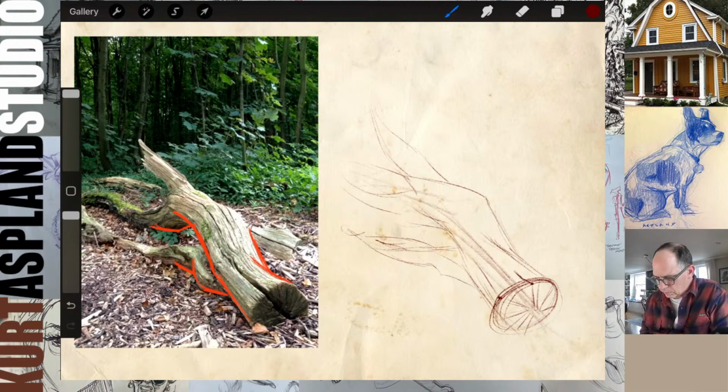Now I like to use, now you can't see it really in this log per se, but I also like to add some type of surface lines, because at the end of the day, no one is going to see this picture.